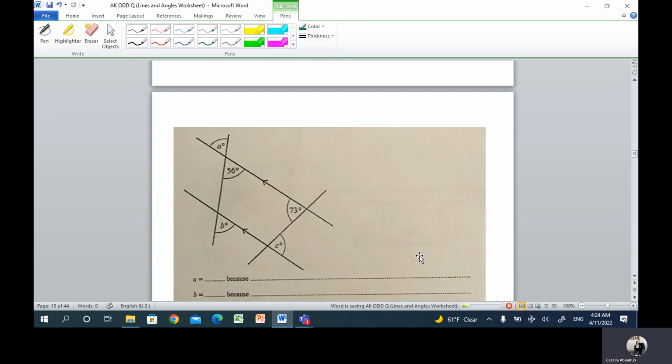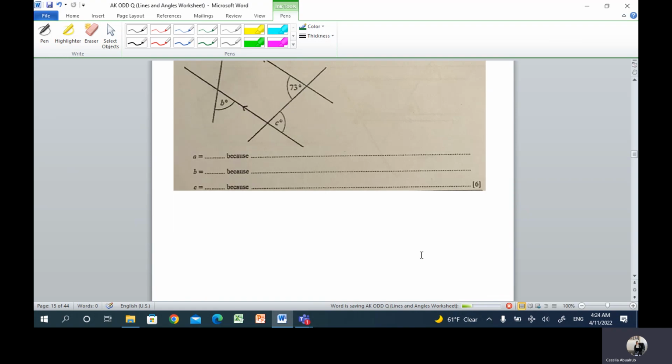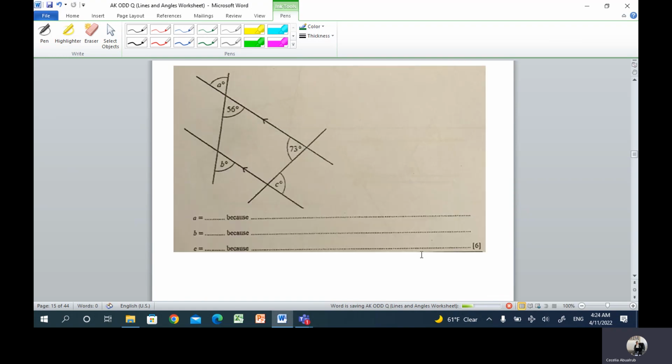So we're going to skip 16 and we're moving to 17 now. Normally, the way you find angles will be in alphabetical order. So A, B, C. Basically you will start with A and then B and then C. Normally, not always.